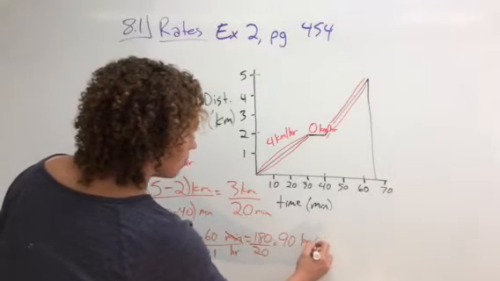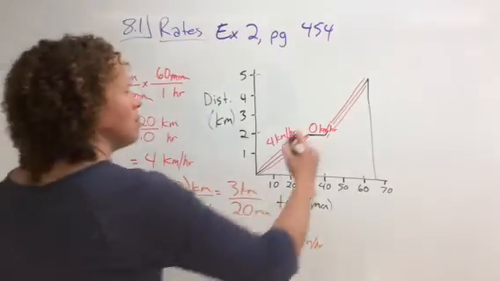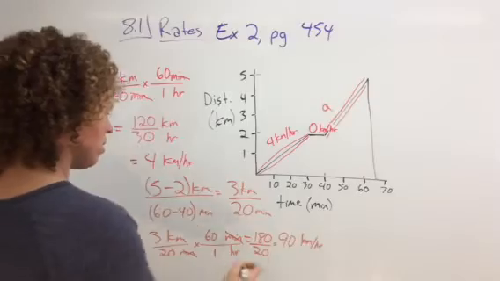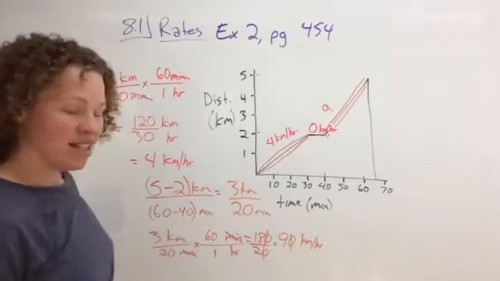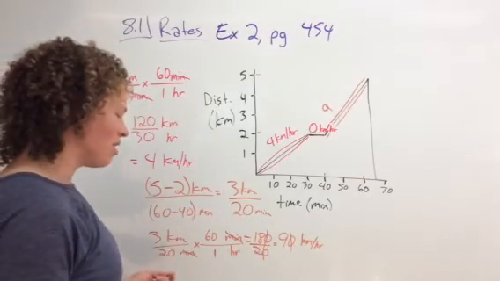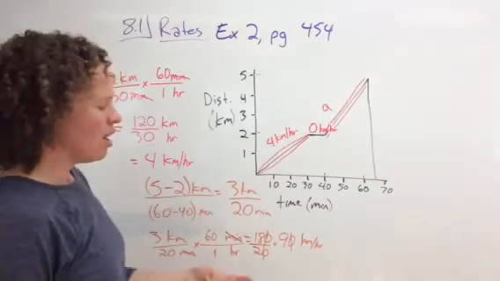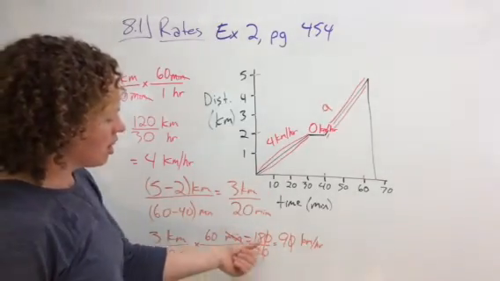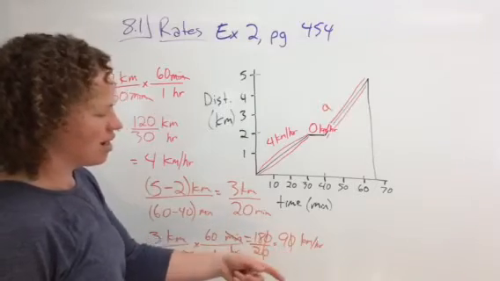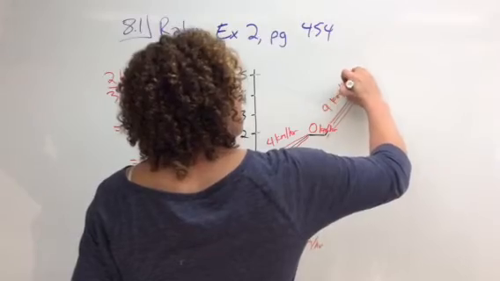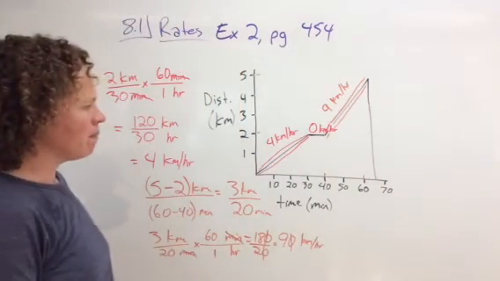Sorry, I went and checked my numbers and thought, is that reasonable that this is 4 and that's 90? No, I missed the 0. So I went back and checked it. 180 divided by 20 is 9, not 90. So 9 kilometers an hour, and that fits my data a lot better.